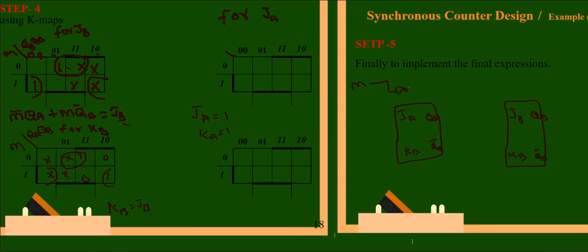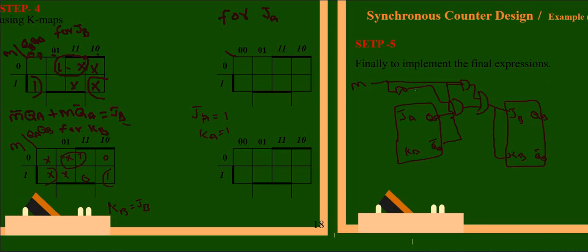So it is M bar into QA, and M with QA bar. Both are AND gates connected to an OR gate, and then connect it to JB. We know that JB is equal to KB, so simply short the terms to KB.